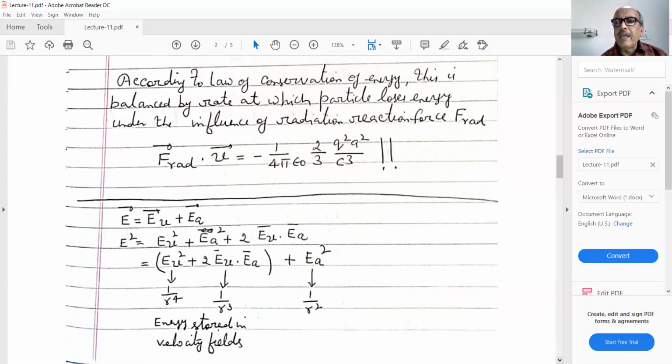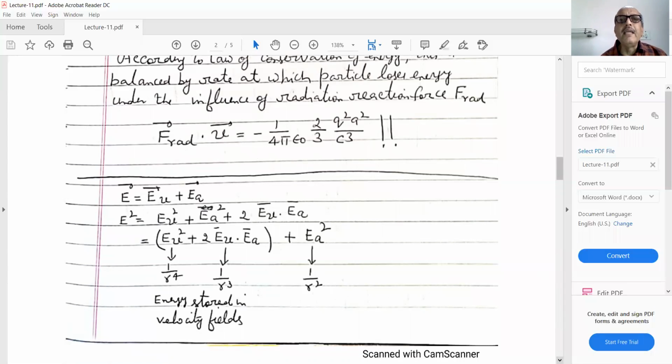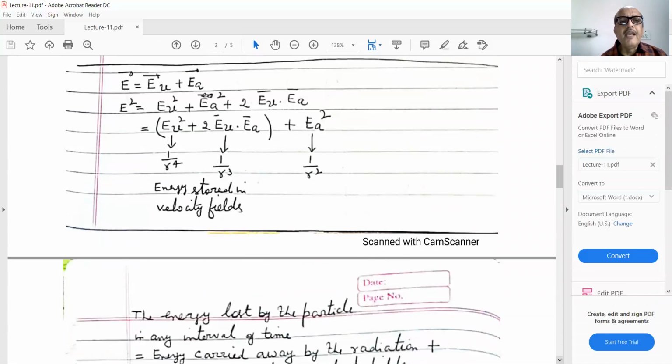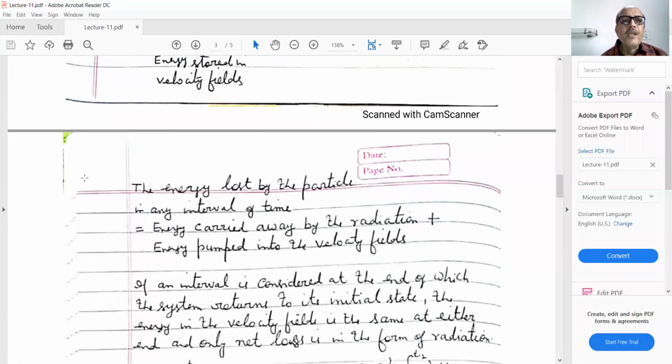So we have to be careful about the assumptions that we are taking while writing down this equation. In general, the energy lost by the particle in any interval of time will be the sum of the energy carried away by the radiation plus the energy pumped into the velocity field. All these terms must be taken into consideration.